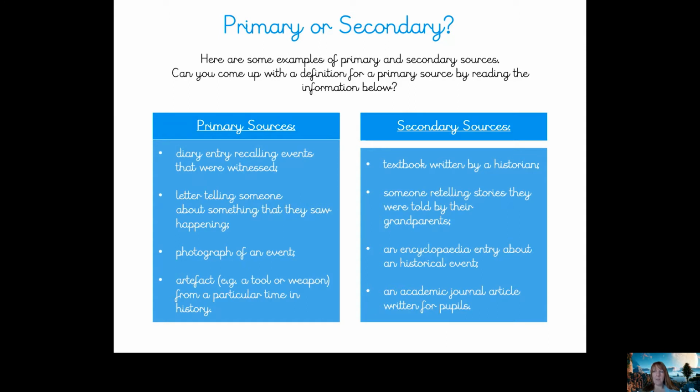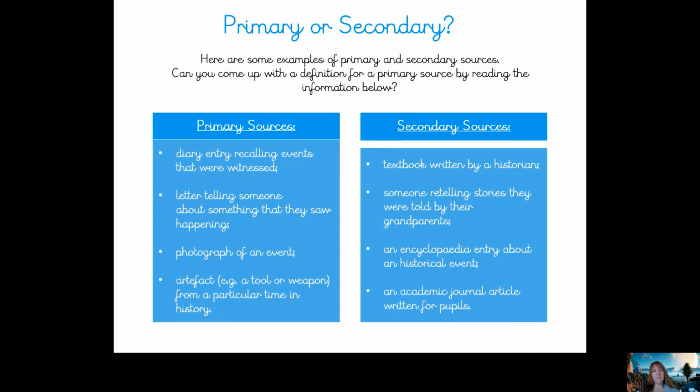So if somebody was there at the time and they've written a diary to say what it was like. It could be a letter telling someone about something that they saw happening. So if they actually witnessed it and they've written a letter about it, that would be a primary source. A photograph of an event, that would be a primary source. Or an artifact, for example, a tool or a weapon from a particular time in history. All of those things are primary sources. What have they all got in common?